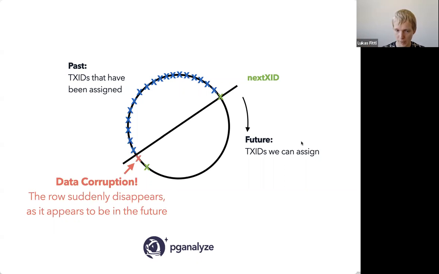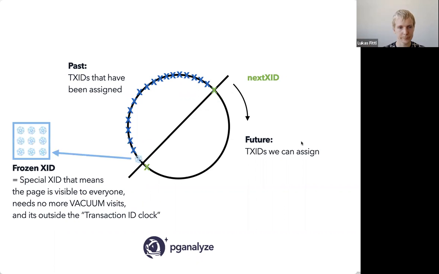Technically what would happen is time passes, you're inserting new transactions, and you're causing data corruption because a row suddenly disappears because it's in the future. So clearly this would be a bad idea. But the reason we care about this, and the reason we do all this transaction ID wraparound business, is because we want to prevent this data corruption that would happen otherwise.